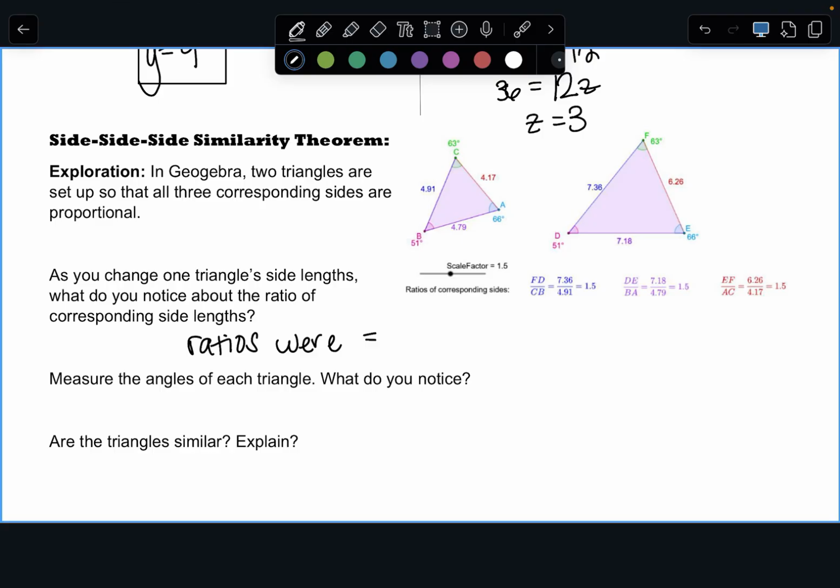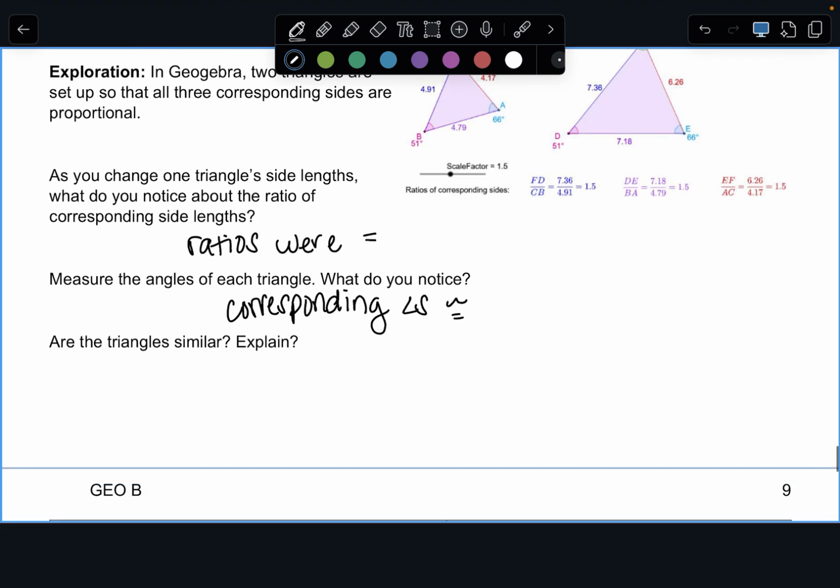They matched. We measured the angles and we noticed that the angles were congruent. Corresponding angles were congruent. And then since we had all 3 corresponding side ratios and all 3 corresponding angles, the triangles were similar.